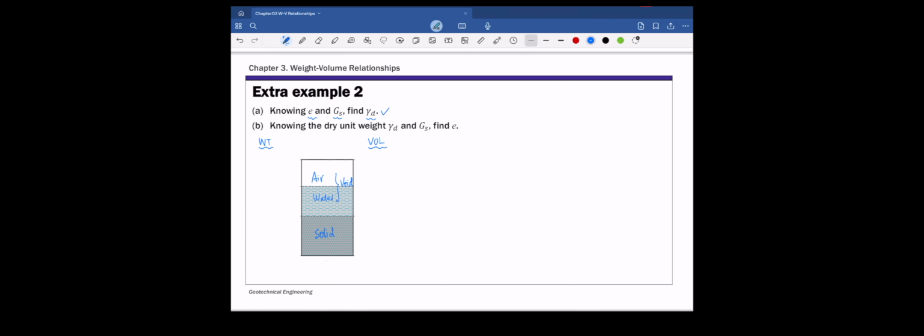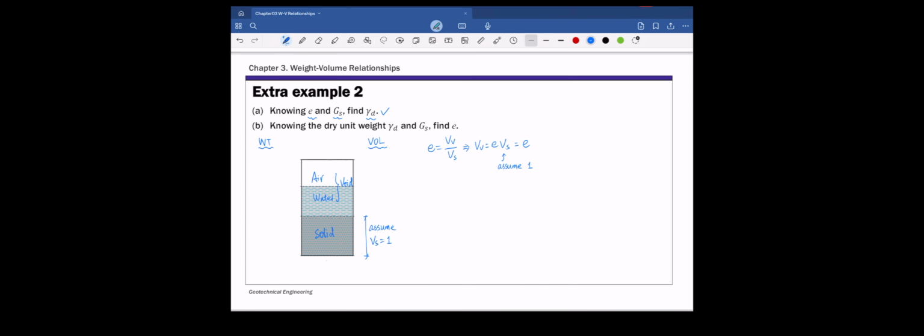So let's put the volume of solids, Vs equals 1, on the phase diagram on the volume side. And the void ratio e, by definition, is volume of void, Vv, over volume of solids, Vs. From this expression, you can calculate volume of the void is e times Vs, and Vs is assumed to be 1, so the volume of void is simply the same as void ratio.